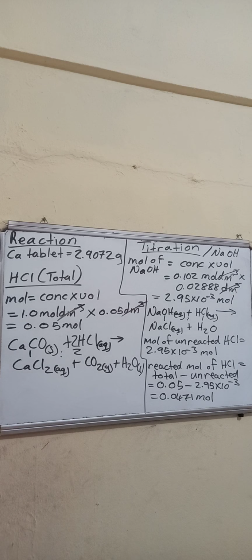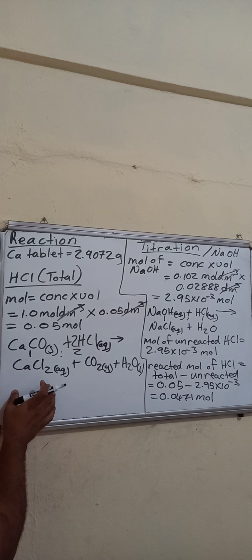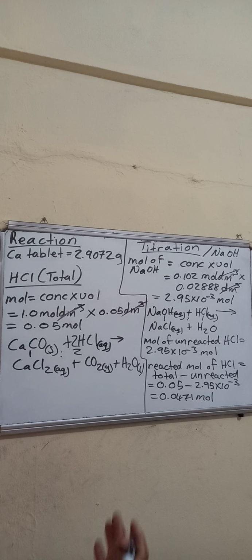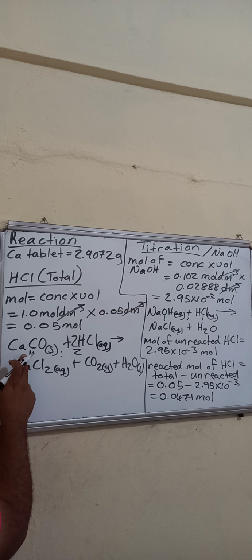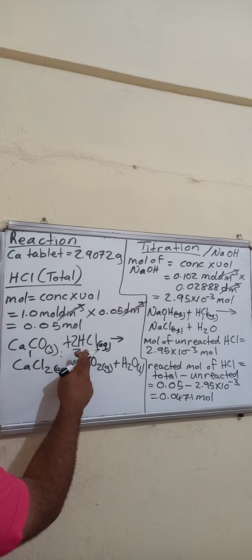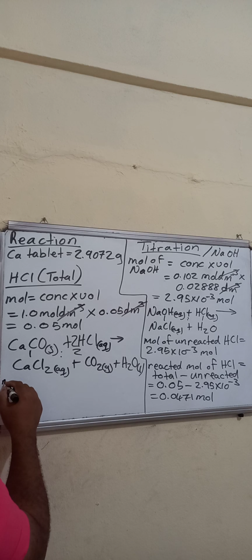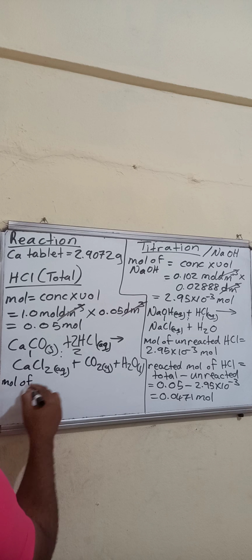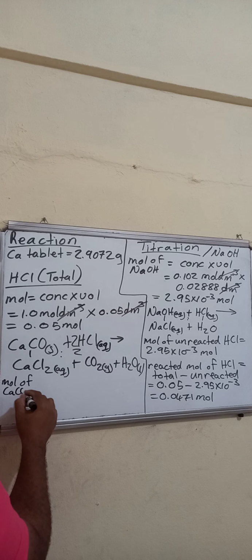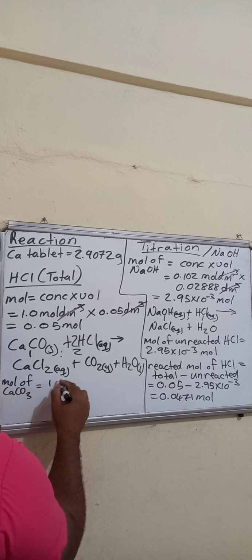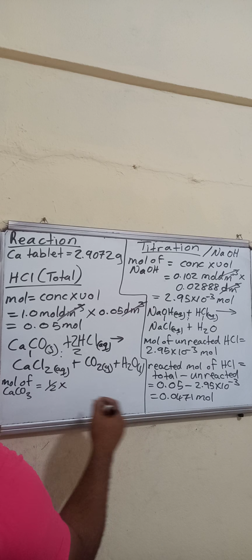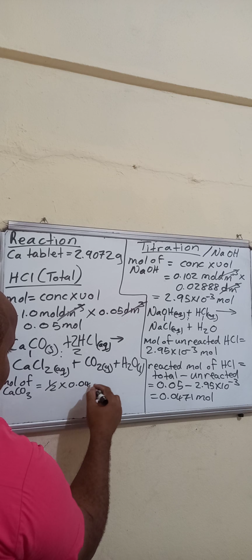So once we get that, we come back to the reaction. And the mole ratio is 1 mole of calcium carbonate to 2 moles of HCl. So the mole of calcium carbonate is 1 over 2 times 0.0471.